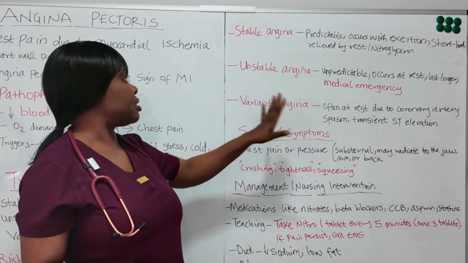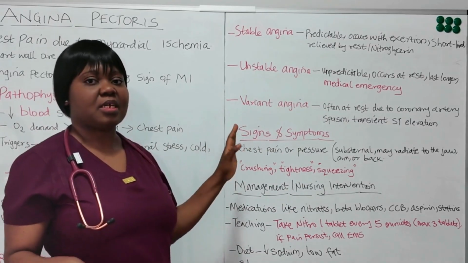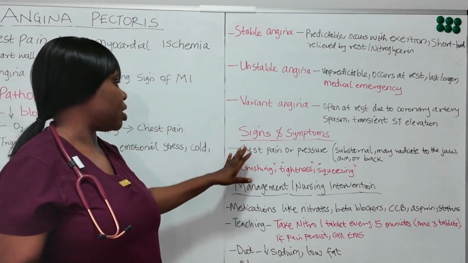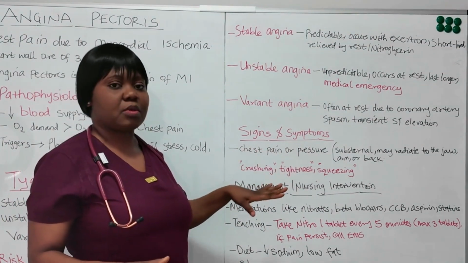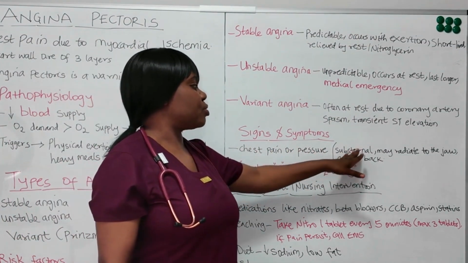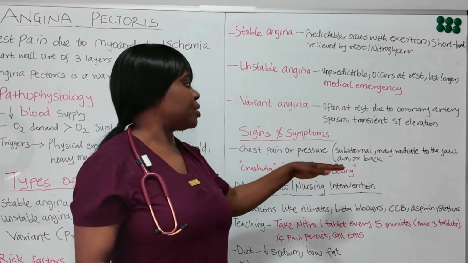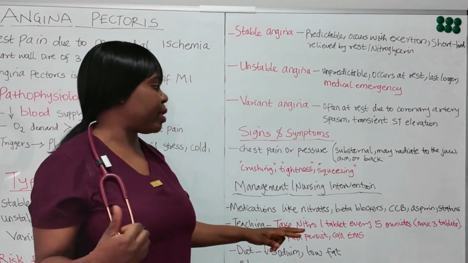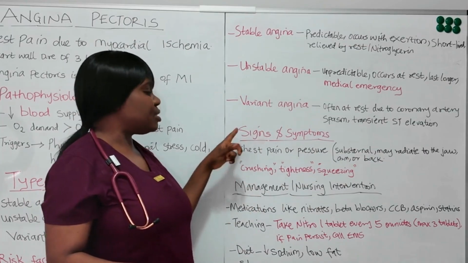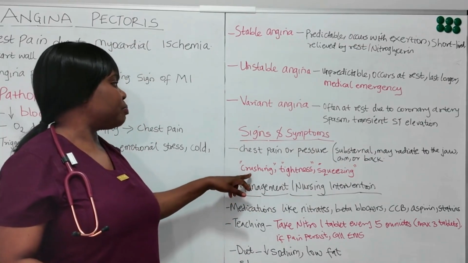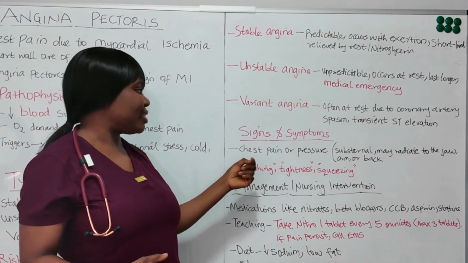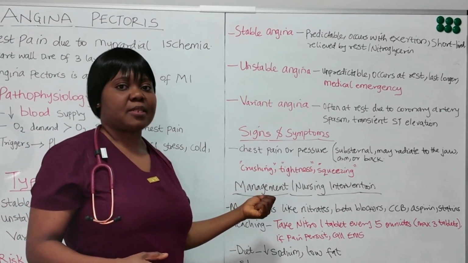So generally, the signs and symptoms of angina that you want to take note of for your exam, there are some terms they use that you want to know. So there will be chest pain or pressure. Some of the terms you hear is substernal chest pain. This substernal chest pain may radiate to the jaw, to the arm, or to the back. Now, there's a term I want you to take note of. The pain could be crushing. The patient could describe it as crushing, tightness, squeezing.